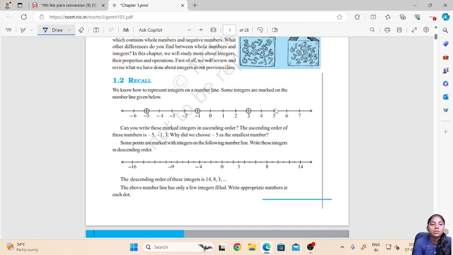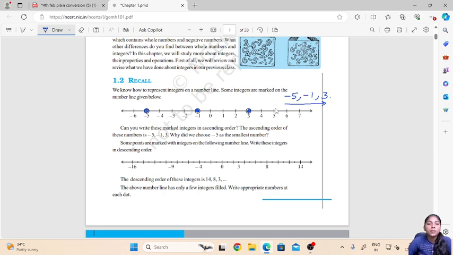So can you write these marked integers in ascending order? The lowest or the smallest will be -5, then -1, and then 3 will come. This is the ascending order of these integers.